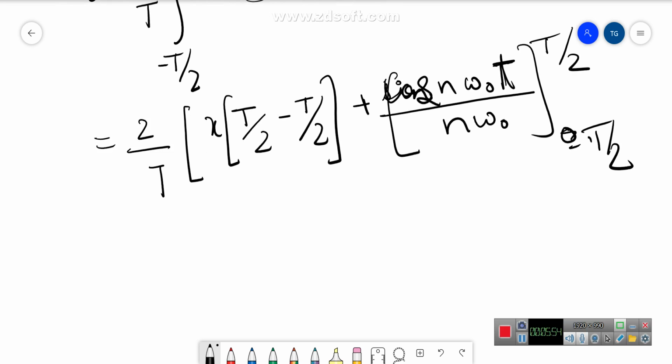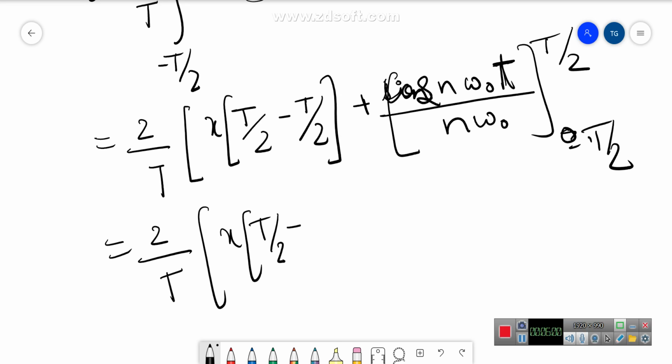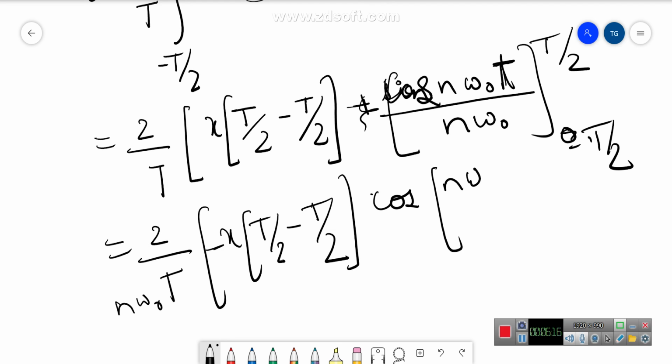So when we substitute it here, n omega naught is brought outside, and omega is 2 pi by T, into T by 2.